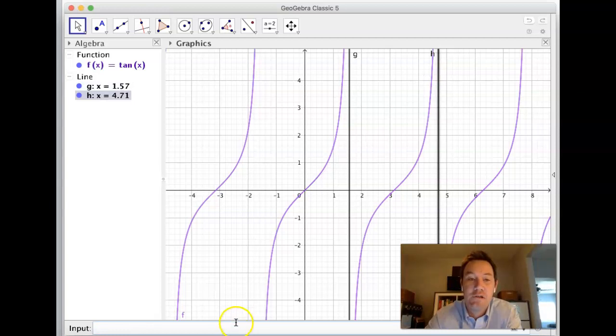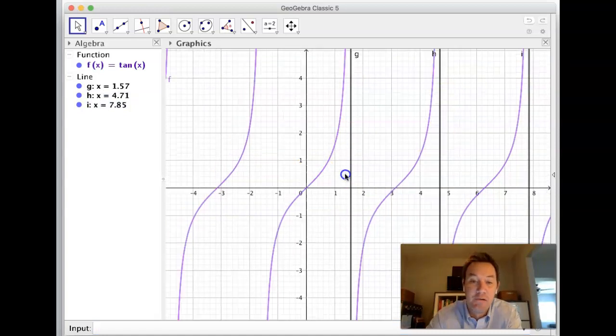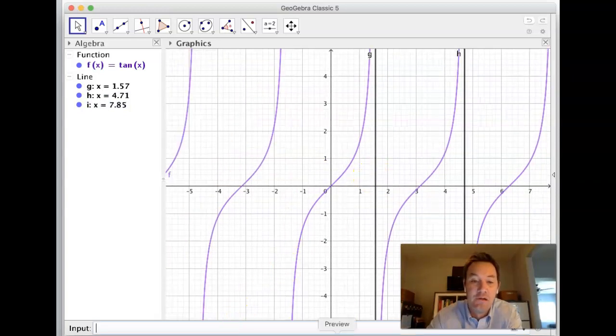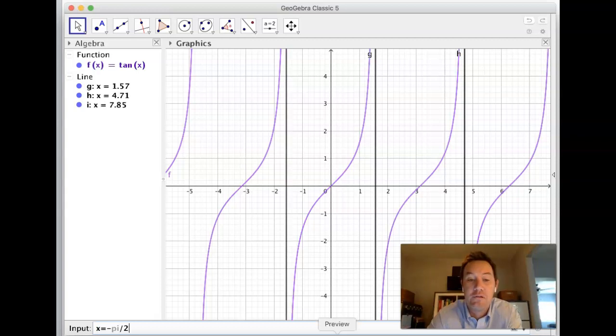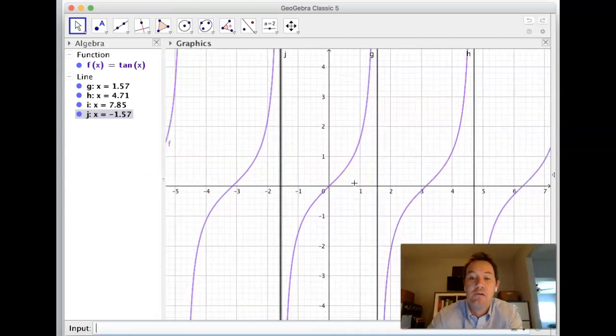There's another vertical asymptote. X equals 5 pi over 2. And so on, every time we add pi or subtract pi, right? So if I subtracted pi from the first one, that's why we said that n multiplier just had to be an integer. So it could be like a negative 1, and we would get x equals negative pi over 2. And there we go. That would establish all of these asymptotes, and so on.